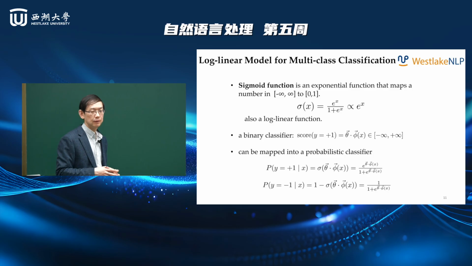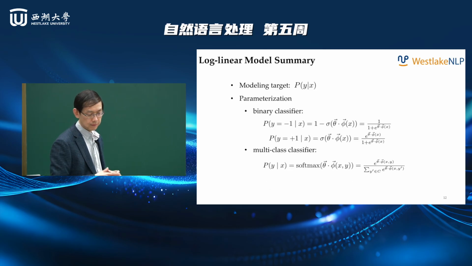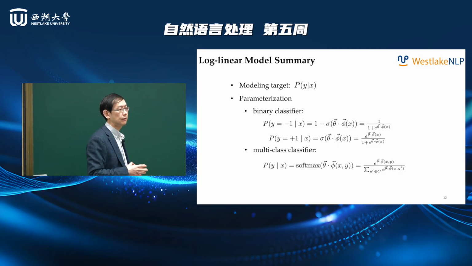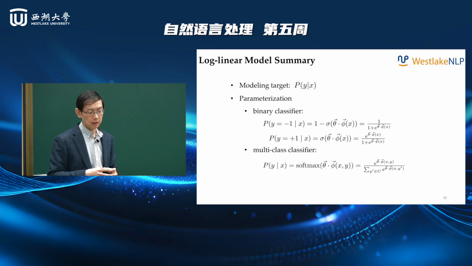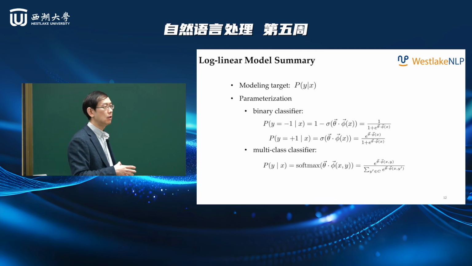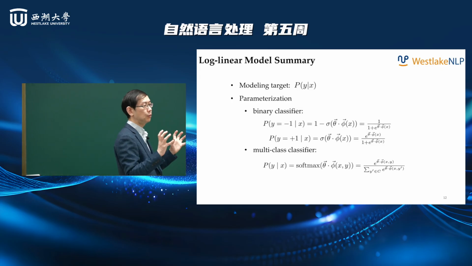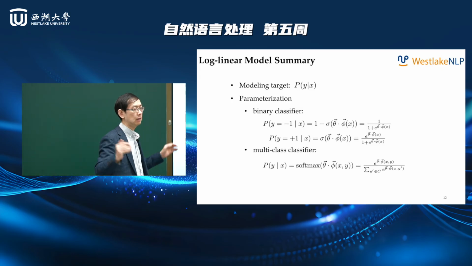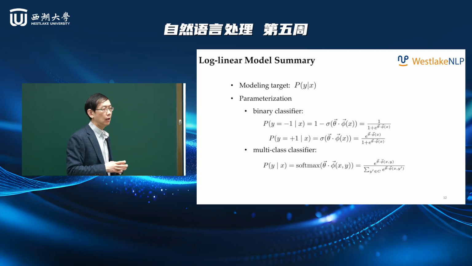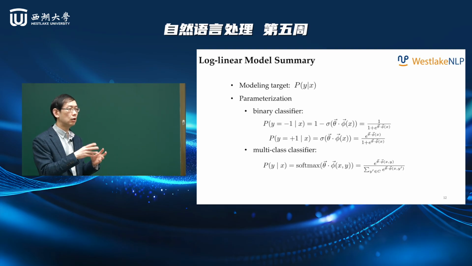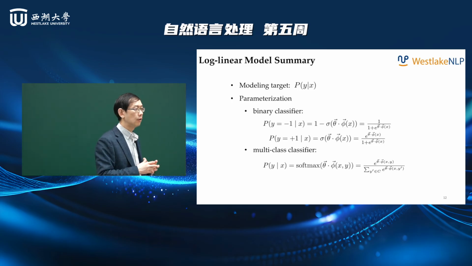Okay, let's make a summary. Our modeling target is p of y given x, for text classification. How do we parameterize this model? We first map the input, or the input-output pair, into a feature representation. Then we define a model parameter vector theta, and we use theta dot phi to define the score of outputs.